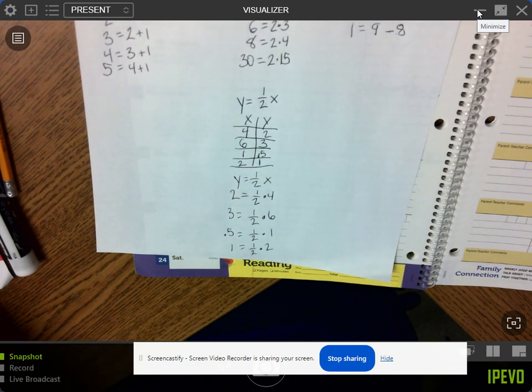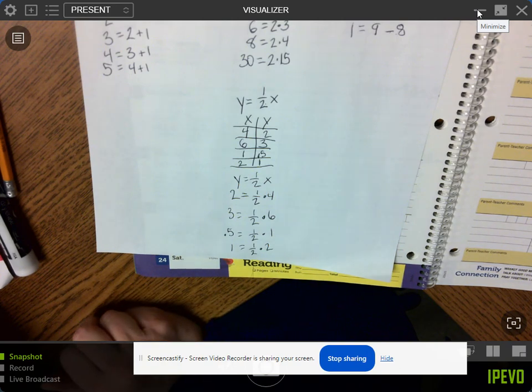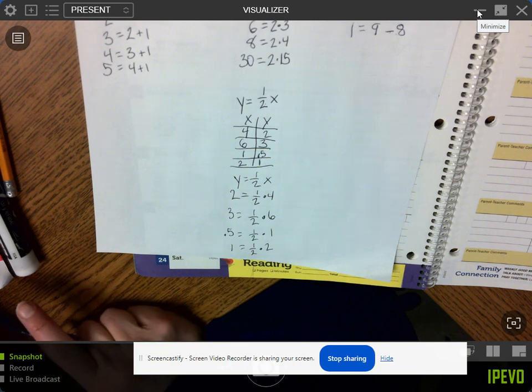I like my whole numbers. It wouldn't be wrong to say my output is 4.5. It's just not as easy to work with. So I would say for your inputs, make your inputs all whole numbers and try to use whole numbers that will give you an easy output. Okay? Any other questions?